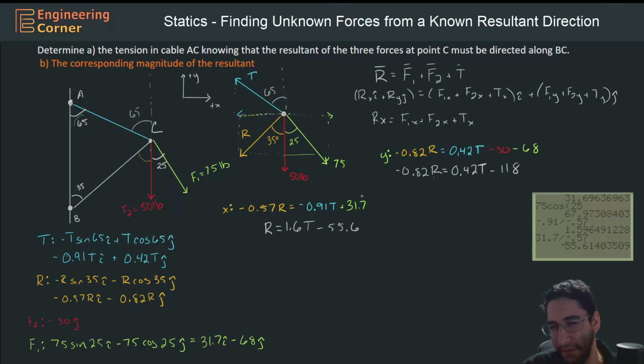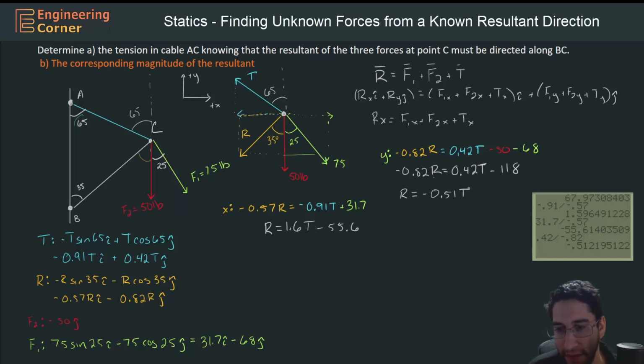Okay, so now we can put this into this equation right here. I'm a little space constrained, so I'm going to divide out the minus 0.82 first. So I'll have 0.42 divided by minus 0.82. So we'll have r is equal to minus 0.51t.